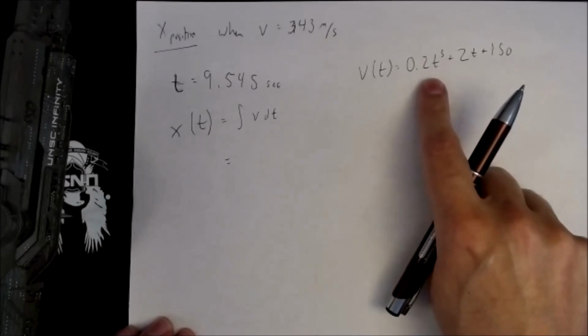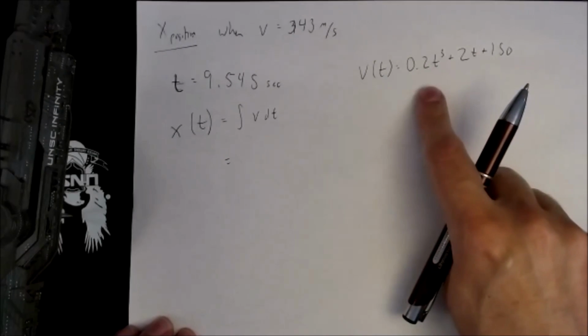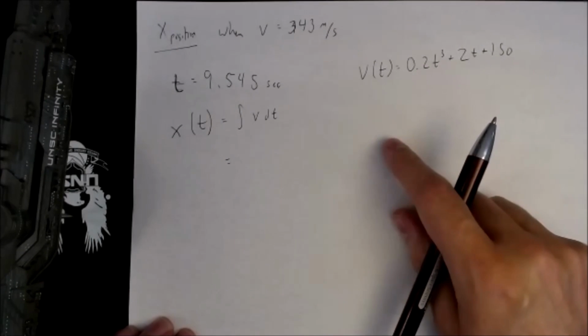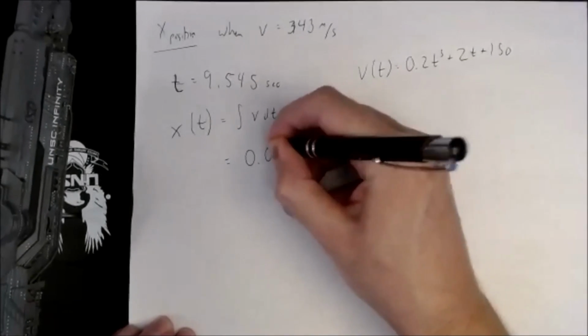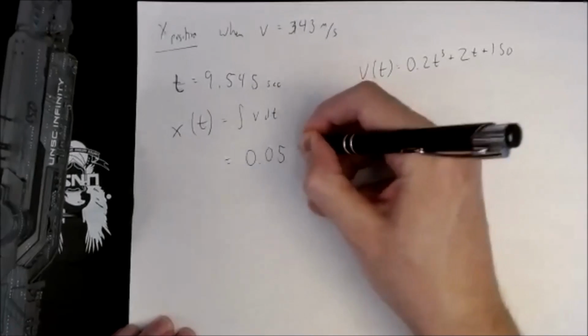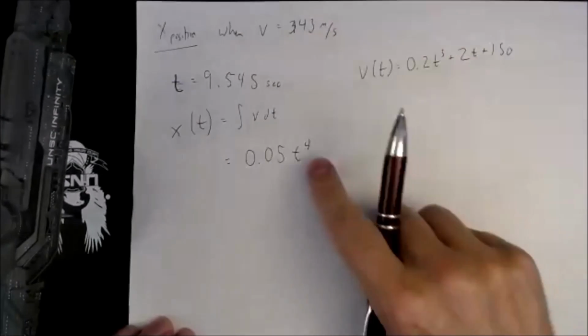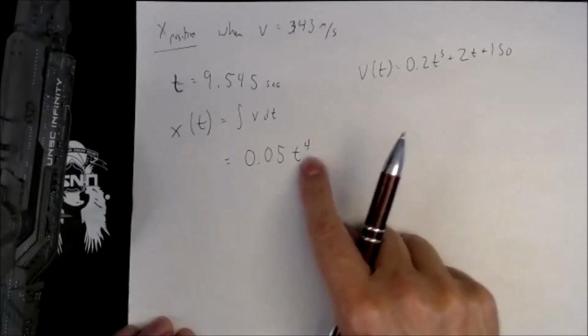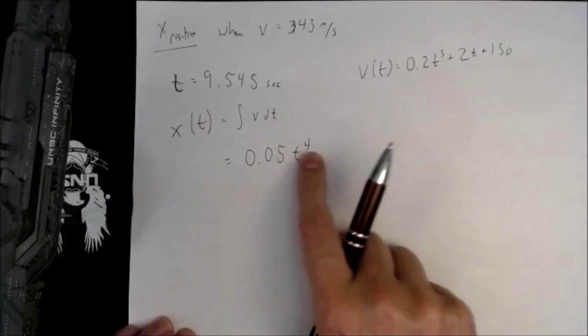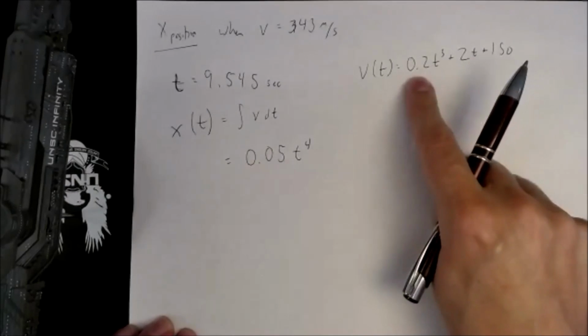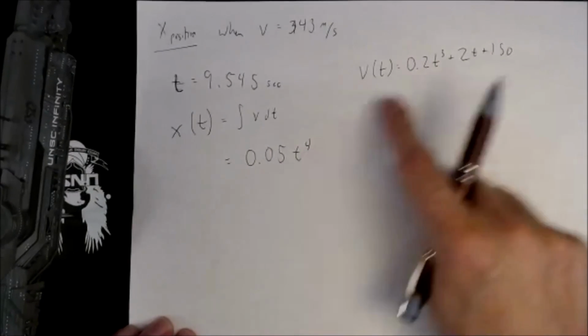Well, we need to find something whose derivative would be that. And through a little bit of algebra, you can probably tell that if you have 0.05 t to the fourth, if you take the derivative of this, that 4 would come down, you'd have 0.05 times 4, that'd be 0.2, check, and that 4 would become a 3, check.